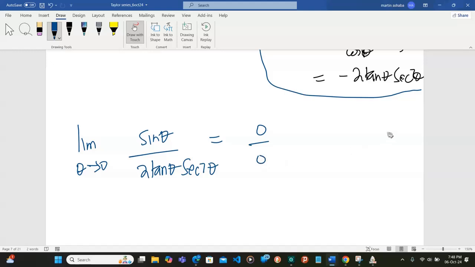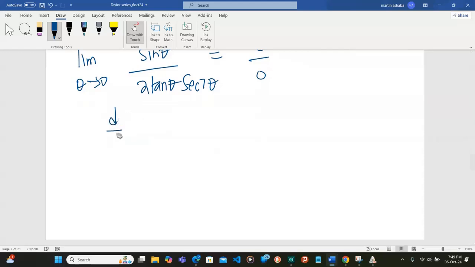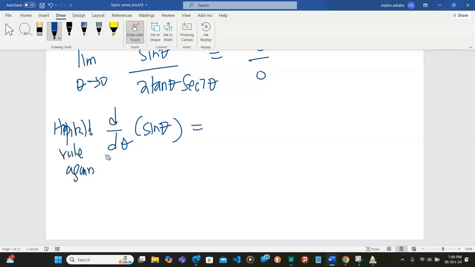You again go ahead and differentiate. So we are applying L'Hospital's rule again. The derivative of sine theta becomes cos theta.